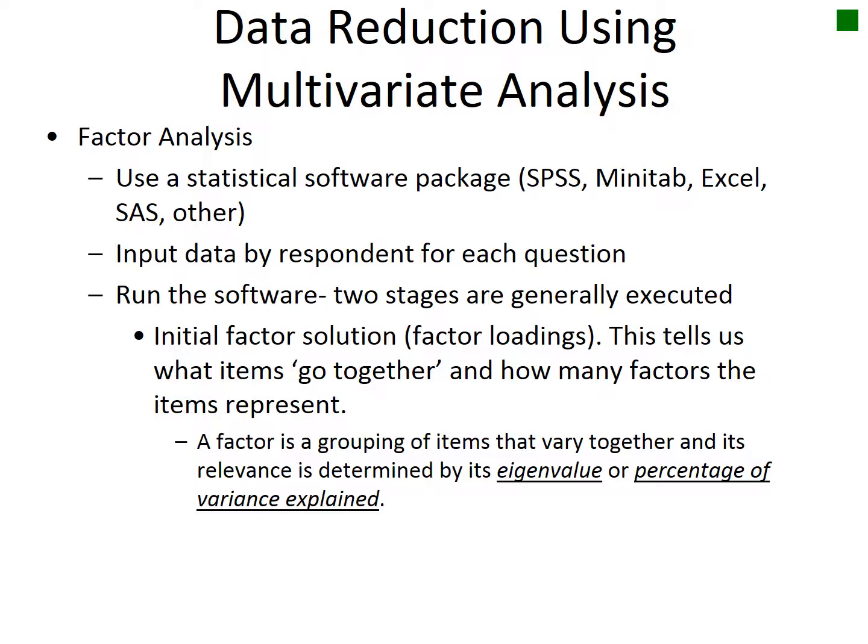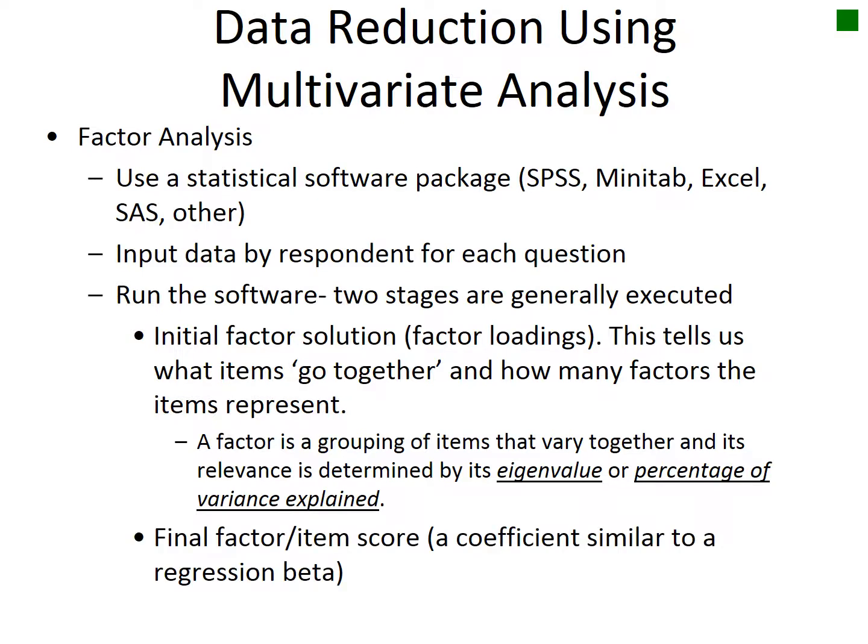Not to get into the nitty-gritty, but the statistical package measures the variance that is explained when groups of questions are paired together, and it most efficiently finds a group of questions that explains the most variance. In detailed terms, these are called eigenvalues, the percentage of variance explained when questions are regrouped together into what we call factors. So that's more or less the first step.